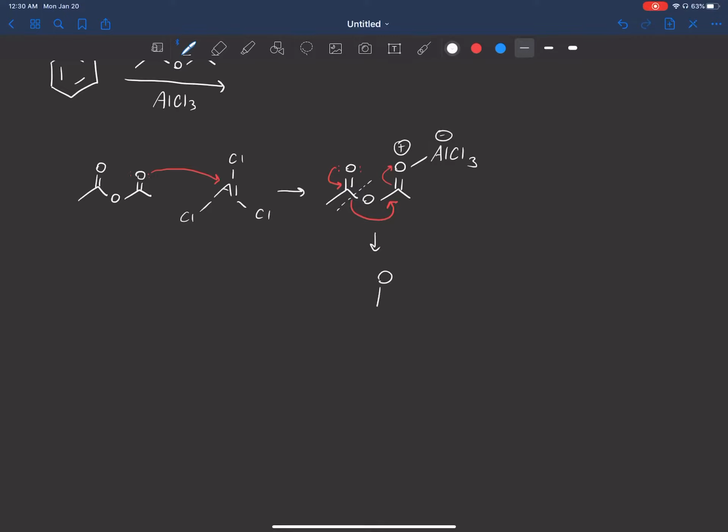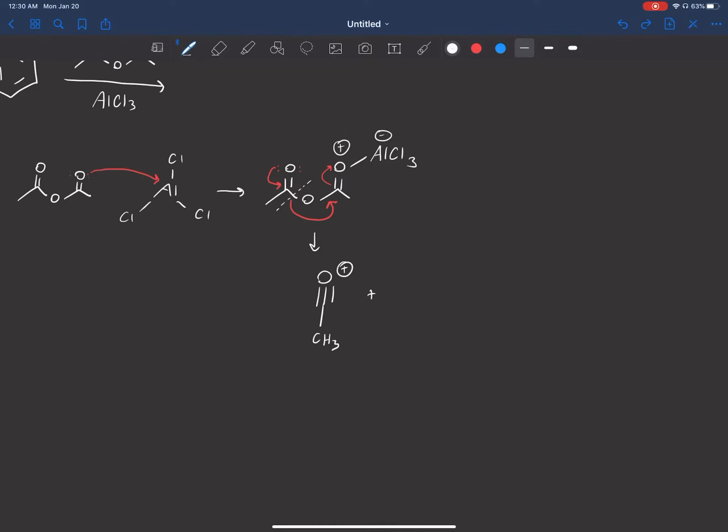So what do we get? We get this, and I'll write in the CH3 here. We have a positive charge on that oxygen. Remember, this is that acylium ion. Plus, let's look at what happens to this side. We get this bond broken, a double bond here, and this became a single bond.